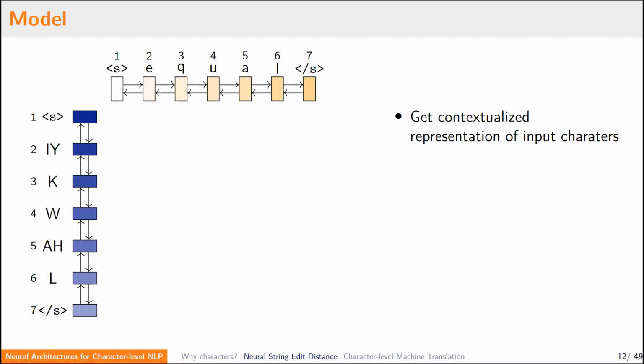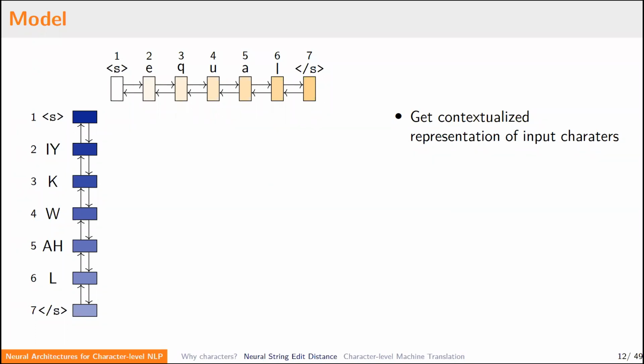We can either directly take the embeddings, which is not really contextualized. We can do a convolutional network. We can use a bidirectional RNN, which is suggested in this paper, or we can even do transformers.